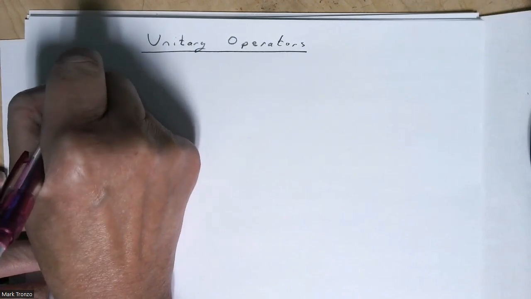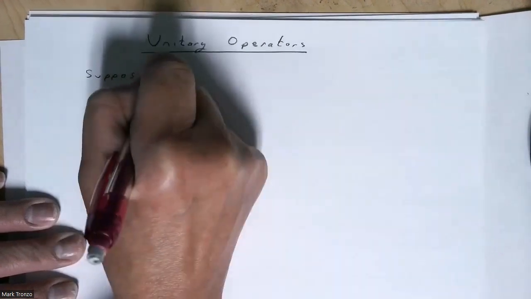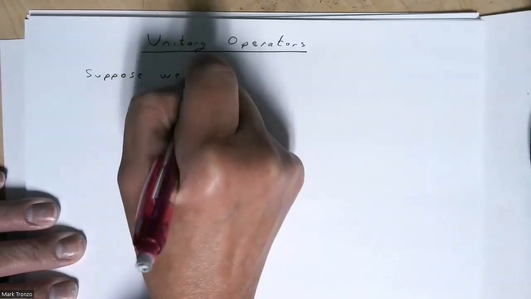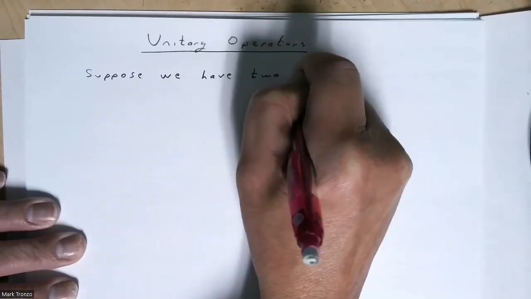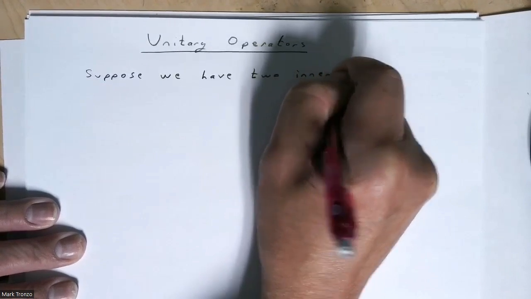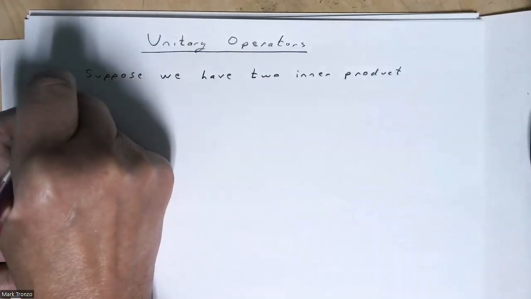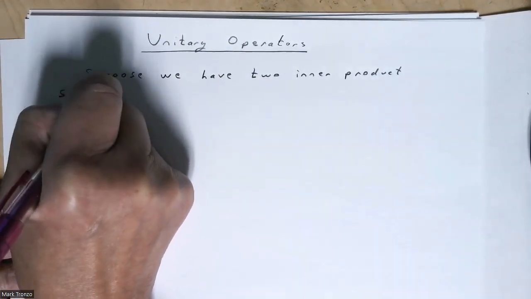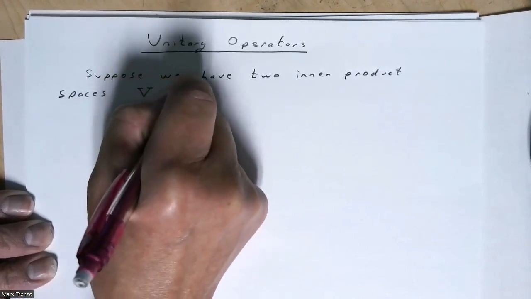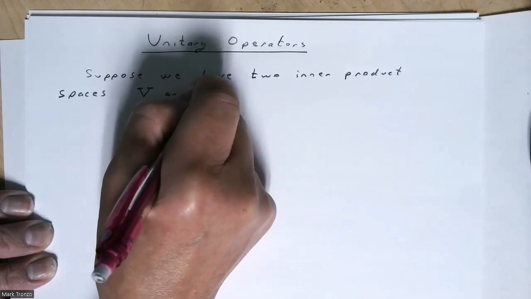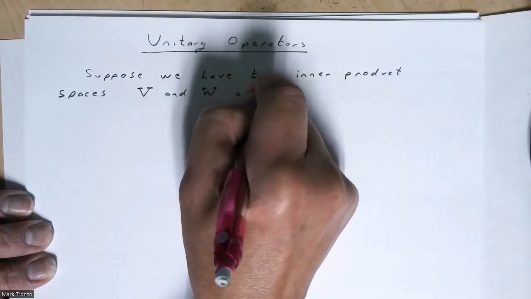So suppose we have two inner product spaces, V and W, and they're over the same field.